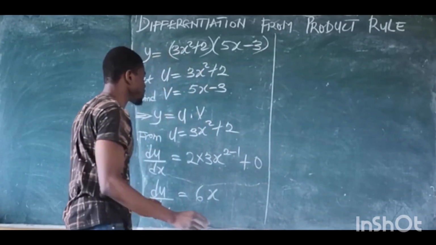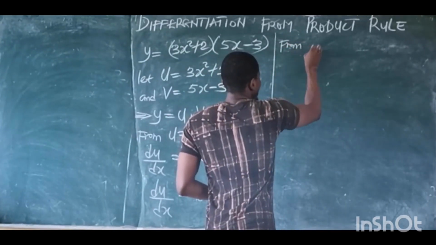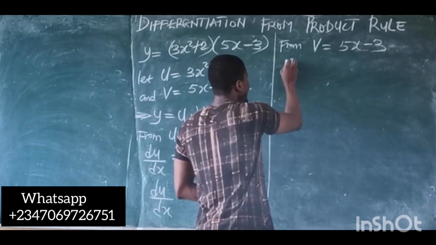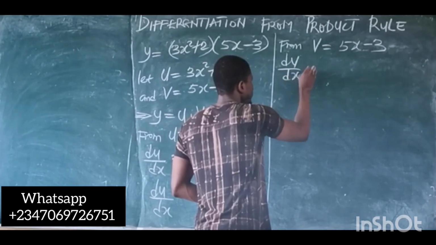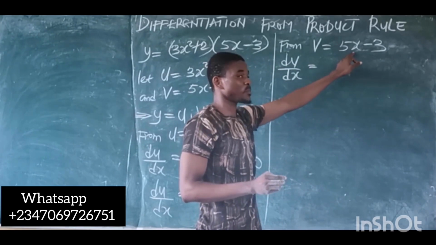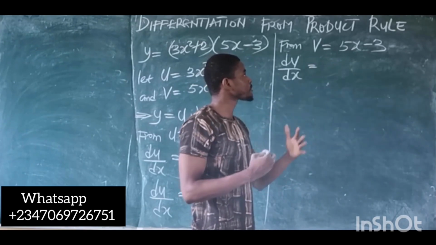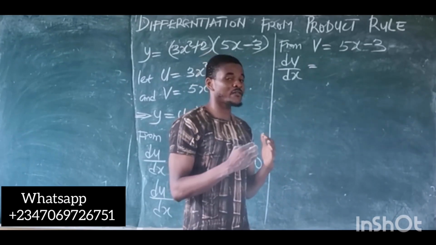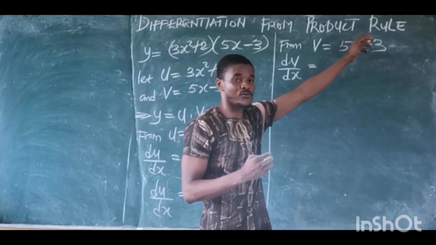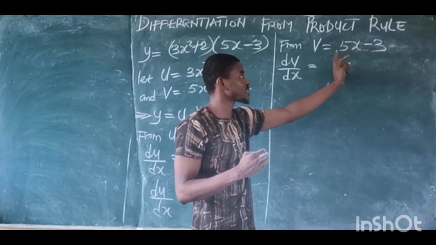Okay. Next is to find dv/dx. So from v equals 5x minus 3, I will simply have dv/dx equal to, same thing for the formula method for differentiation. I said this x simply means x to the power of 1. I also said in that video that if you are to differentiate a function which has a number attached to the variable x, but x is simply raised to the power of 1, the derivative of that function is simply the number attached to x.